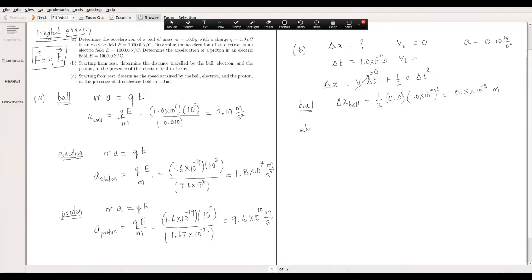Talking about the electron now, the electron's acceleration is 1.8 into 10 raised to 14 meters per second squared. If we do the distance traveled by an electron, it's half times the acceleration, which is now large. The time, even though it is small, the acceleration can compensate. That's 10 raised to minus 18 times 10 raised to 14, so 10 raised to minus 4.